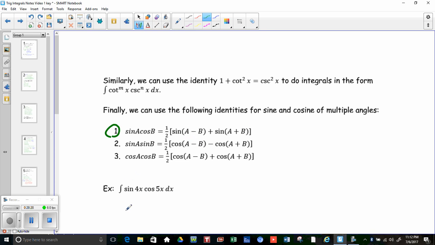So this integral becomes the integral of 1/2 sine of A minus B. Well, A is 4x, B is 5x. So sine of 4x minus 5x is negative x, plus the sine of A plus B, which is 4x plus 5x. So that's 9x dx.